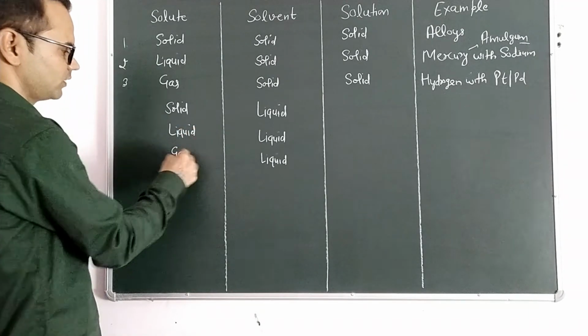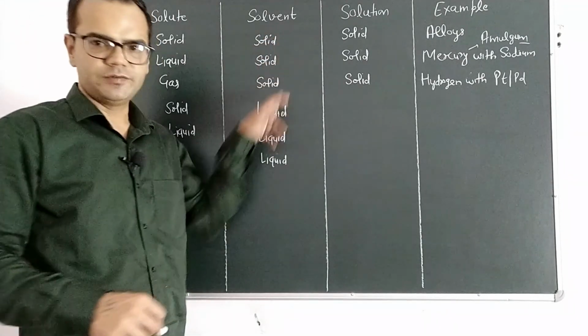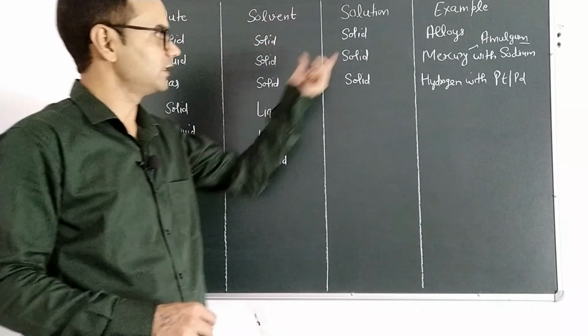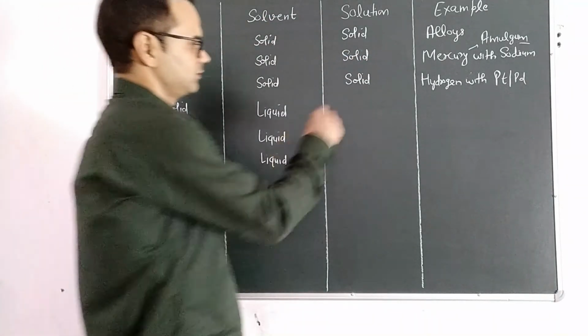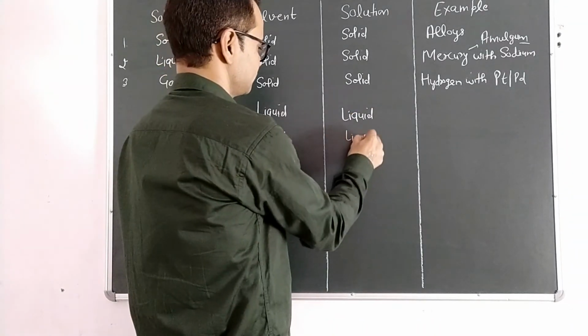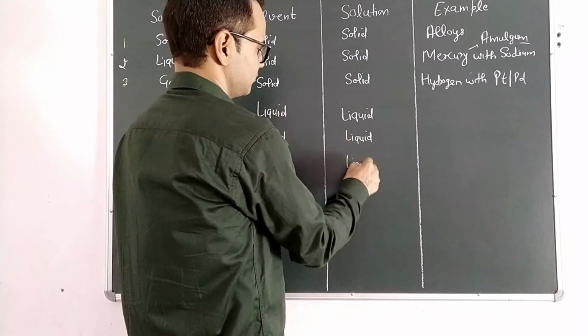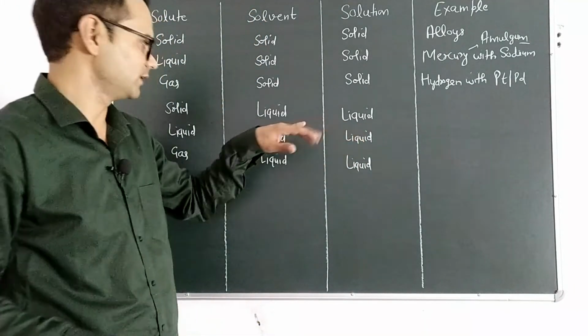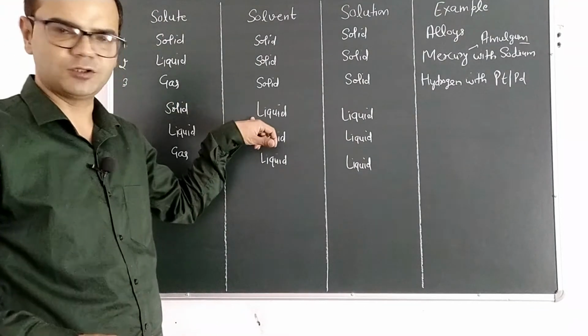Again the solvent will decide the physical state of a solution. If solvent is liquid, then we will get a liquid solution. Here we will get three liquid solutions. Now the examples, again solid in a liquid.